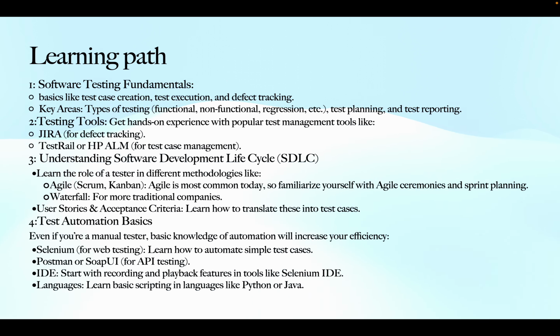After that, we need to understand what the software development life cycle is. Those who are already manual testers will understand this term, SDLC, but for those who are new, I will explain. The software development life cycle is one of the most popular processes that each industry uses while developing their software.